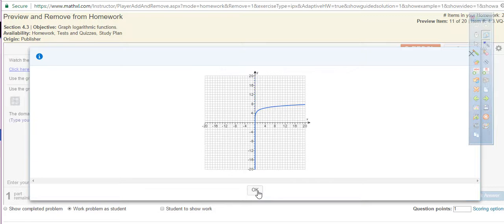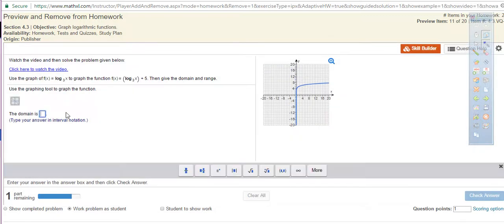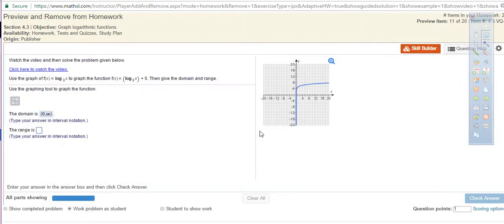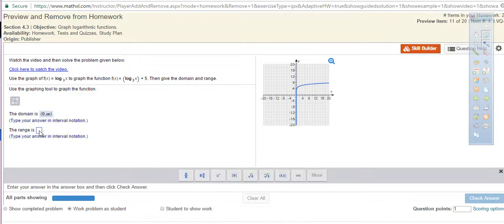That means my asymptote's at 0. That means my domain would start at 0. And there we go. All right, my range. Well, we talked about here that for logarithmic functions, my range will always be from -infinity to +infinity.